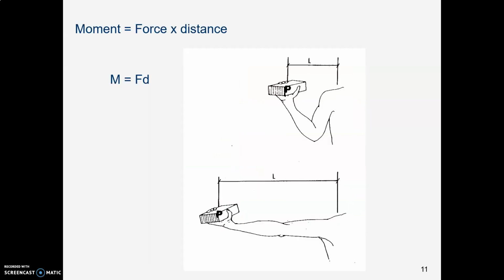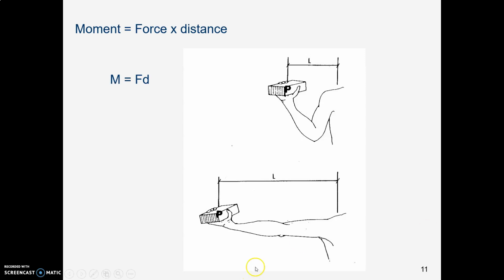If you're lifting, let's say, a brick or a piece of concrete, if you hold the brick close to your shoulder, feels okay, you can lift it. If you stretch your arm out and hold that heavy weight out away from your shoulder, it's still the same weight, but because you've increased the distance, it now has a much greater tendency to cause rotation.